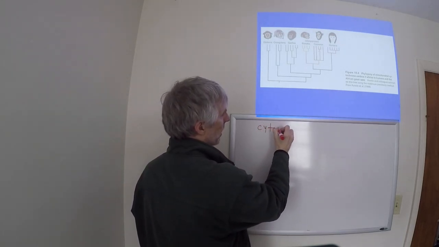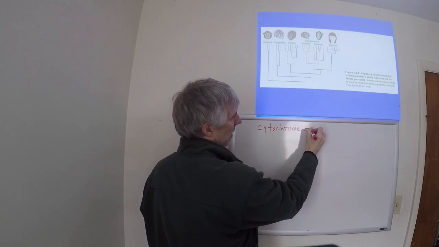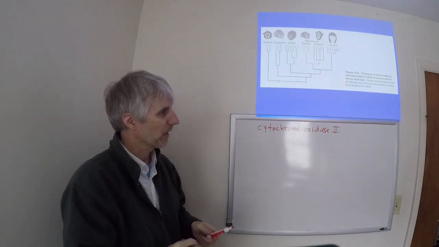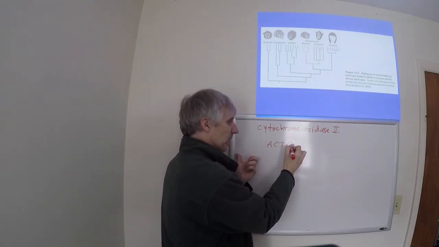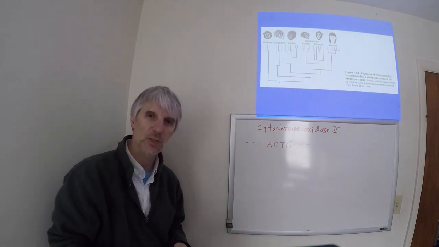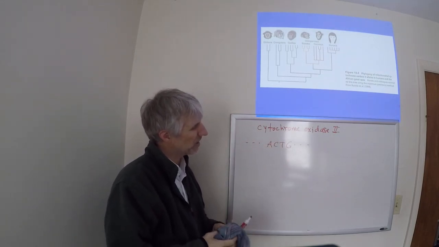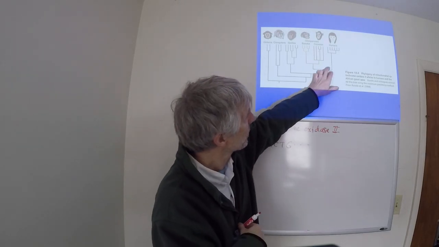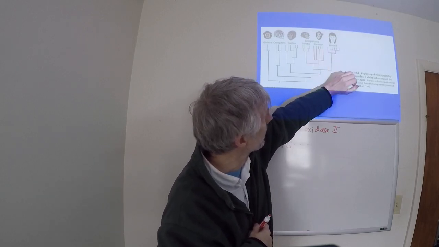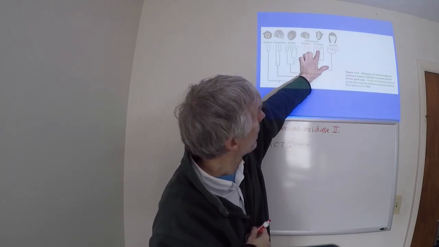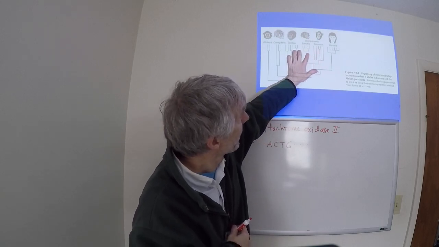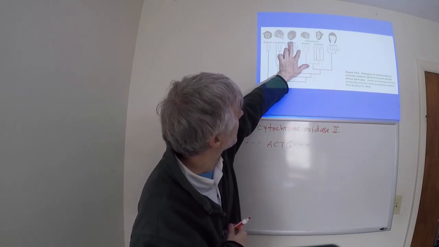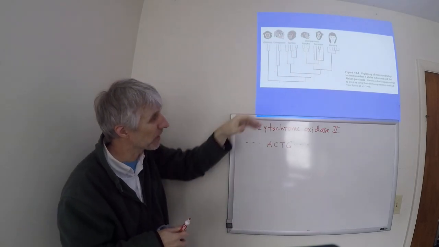This particular one is based on the gene cytochrome oxidase 2. Again, you look at the sequences of A's, C's, T's, and G's and see which sequences are more similar. It looks like they built this tree using 6 human sequences, 5 common chimps, that's the pygmy chimp, and then 4 bonobos, and 6 gorillas, 3 orangutans, and 2 gibbons.